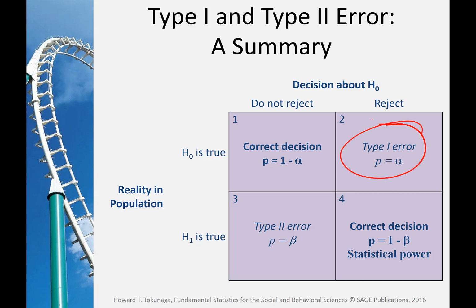This presence of alpha in type 1 error is also why in the textbook, Howard, every time he does a hypothesis test, he always tries to find, okay, what level of significance is this? Me, all I care about is if it's significant or not. If it's significant, great. I can show it to other people and try to get it published.